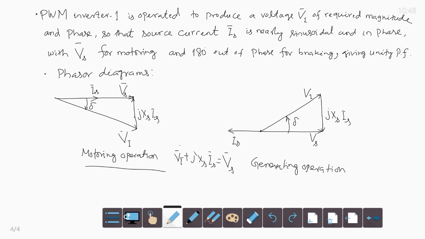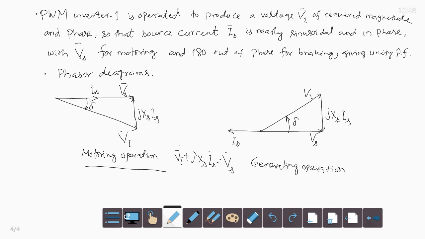For generating operation, the source current I s must be 180 degree out of phase with the supply voltage V s, so that unity power factor is obtained. In this case, V I is as shown in this phasor diagram and the phasor equation is satisfied.